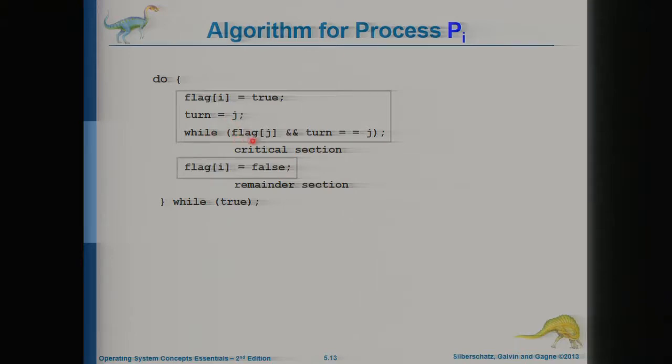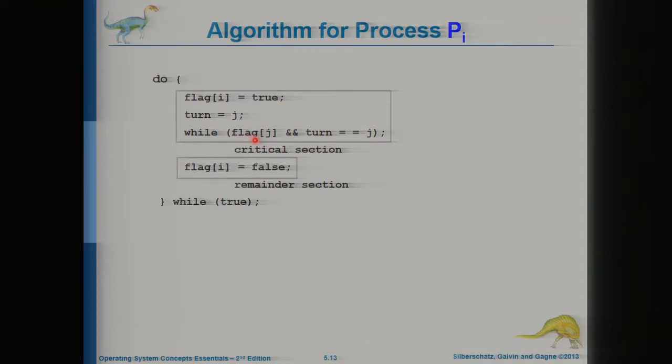In this case, if flag of j is true and turn is equal to j, it means the other process is ready to enter. If its flag is true, it means the jth process is ready to enter into its critical section. We have only said that turn is equal to j in the previous instruction, so we need to see whether the jth process's flag is true or false.